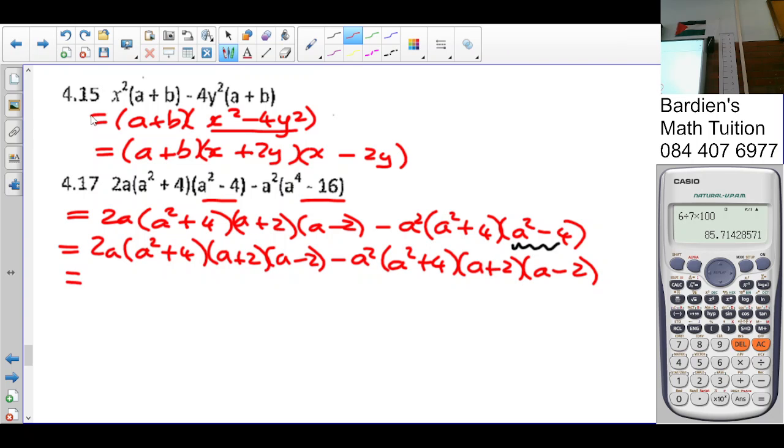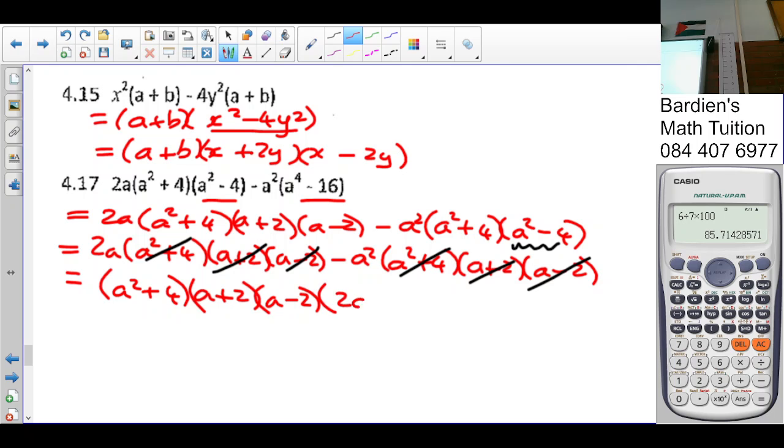So what is common now? A squared plus 4 is common, not so? A plus 2, yes? A minus 2 and a minus 2, yes? So we're left with 2a minus a squared.